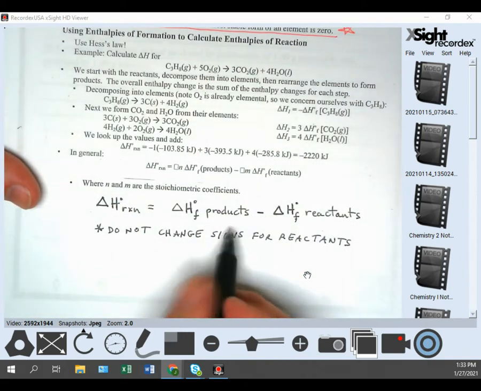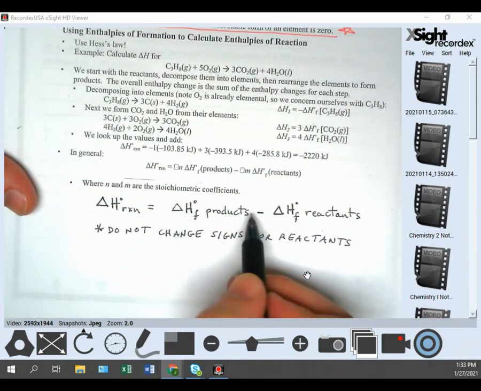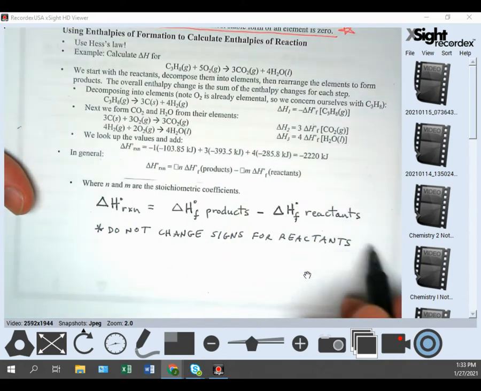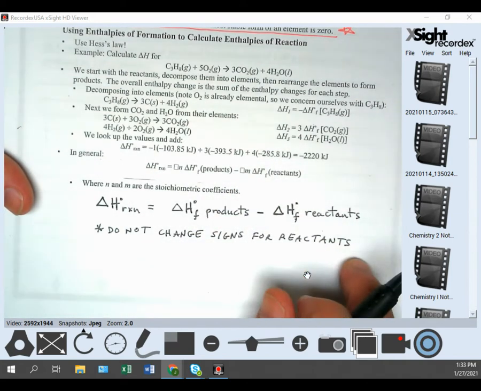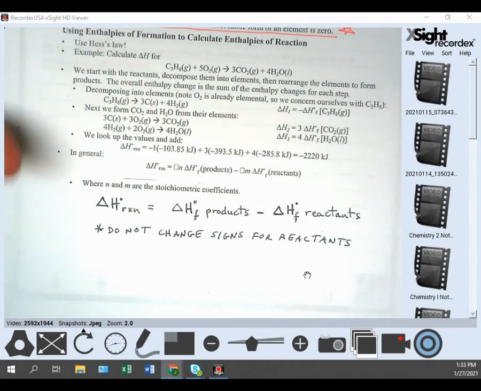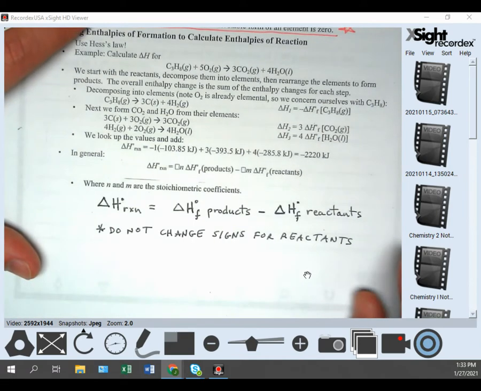I just tell people do this. Add up the delta H of formation of the products, find it for all the products, add it all together, find it for all the reactants, add it all together, take your products minus your reactants. Then you don't have to worry about flipping signs or doing anything else. Okay? So how do you do that?